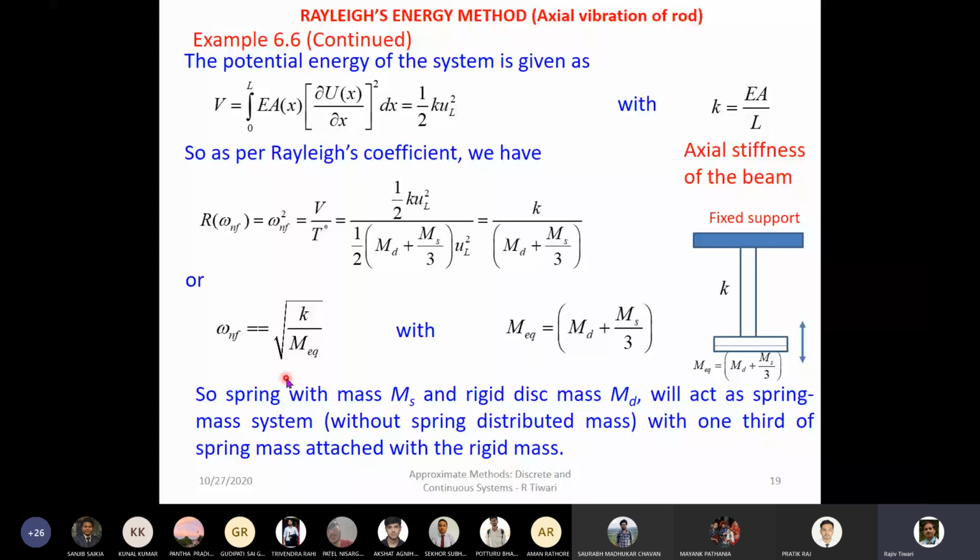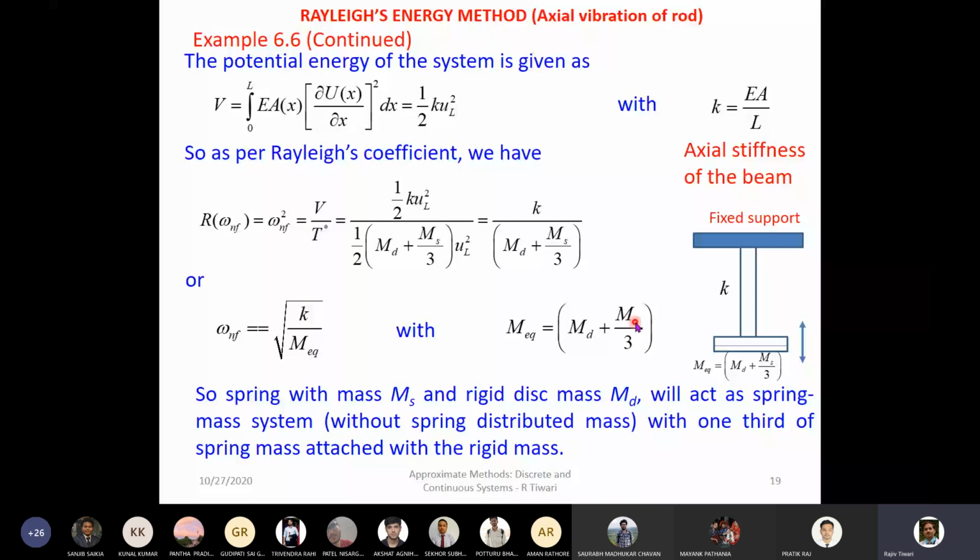This should be omega equal to. This is very familiar for a single spring mass system. When there is no mass of the spring, then we write K by M. But here we are getting K by M equivalent. So M equivalent is md plus 1/3 of the spring mass.